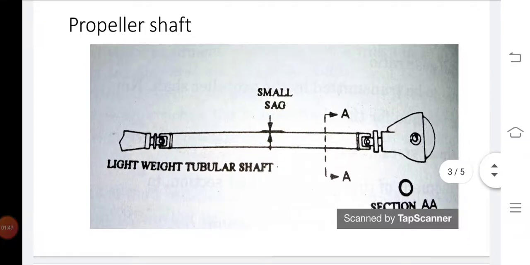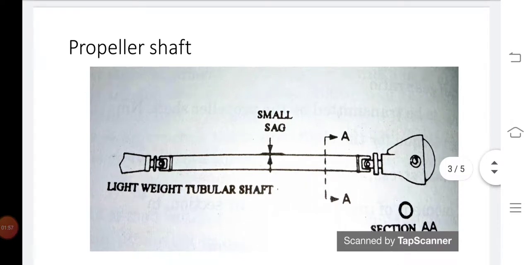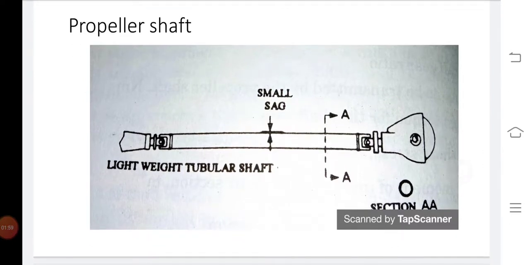This propeller shaft basically transmits the power or torque at an angle. It transmits the power not only in a straight line but also at an angle. That is the main difference between a normal shaft and a propeller shaft.